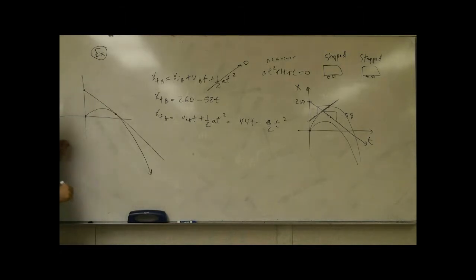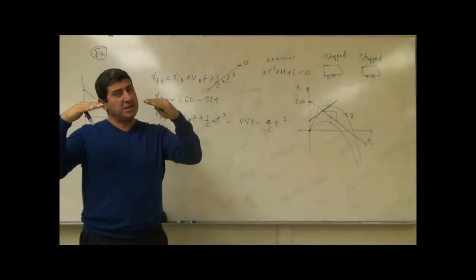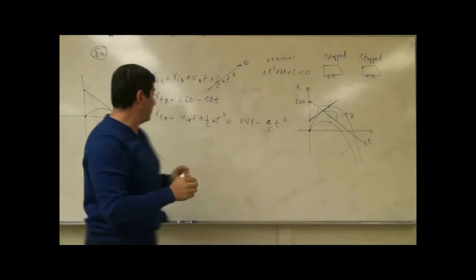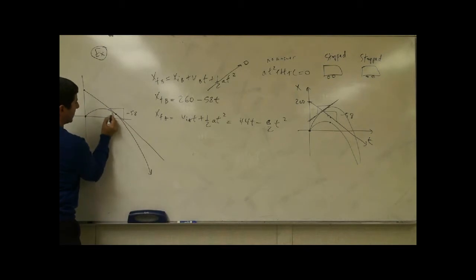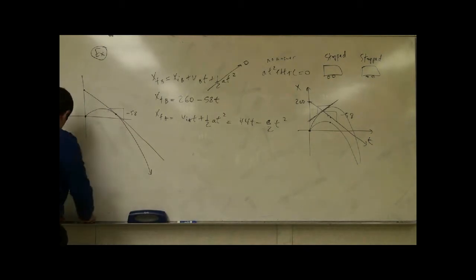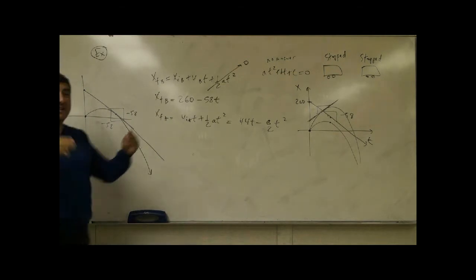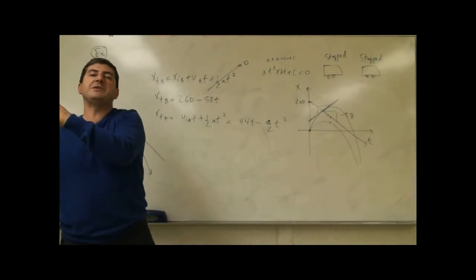You see? So you're going to go like this, stop, turn around, and at the instant that you're moving at the same velocity, the velocity of this is negative 58, right? The tangent line of this graph will also be negative 58. So at the instant that you're both moving at negative 58, you will tap each other.